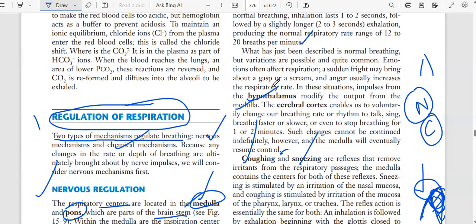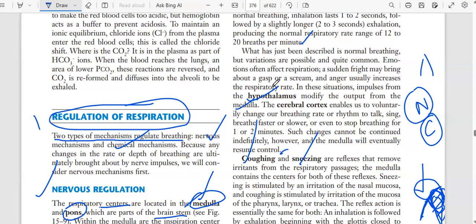We have the cerebral cortex also helping. The cerebral cortex is for voluntary movements, like whenever I am talking, this is my voluntary movement. I know that I am talking. I want to talk, I want to stop, no sound, no words.